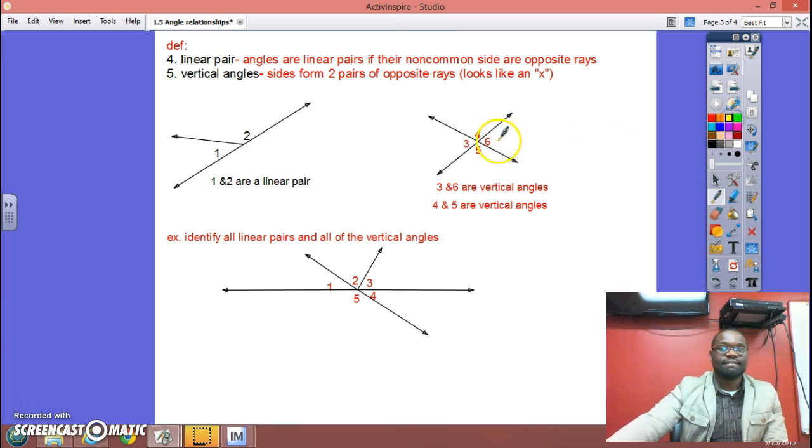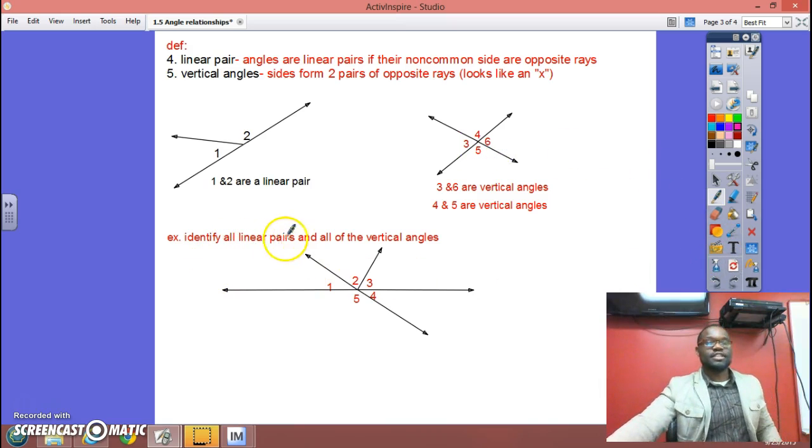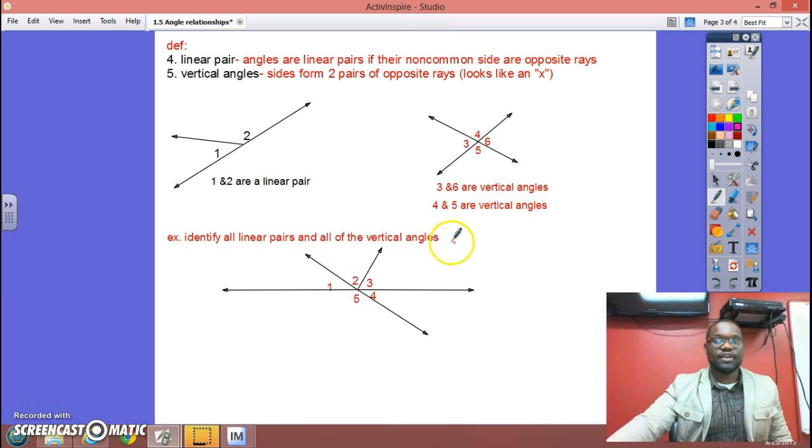And those two would be a linear pair, because they all are forming straight lines. And these two would be a linear pair. Now it says, identify all linear pairs and all of the vertical angles.